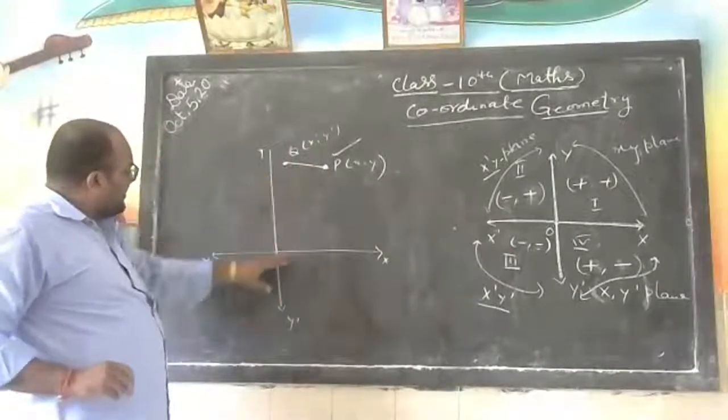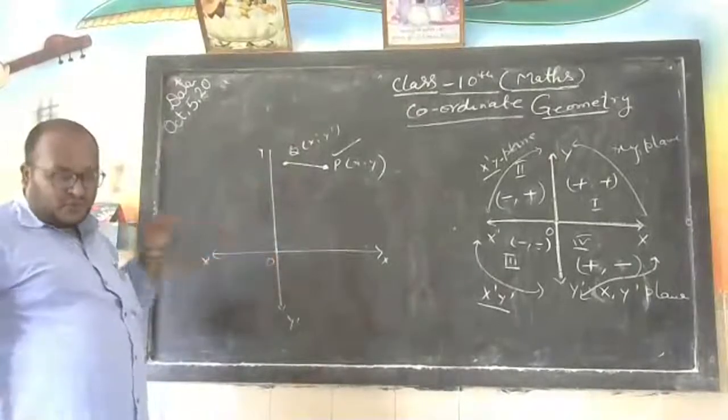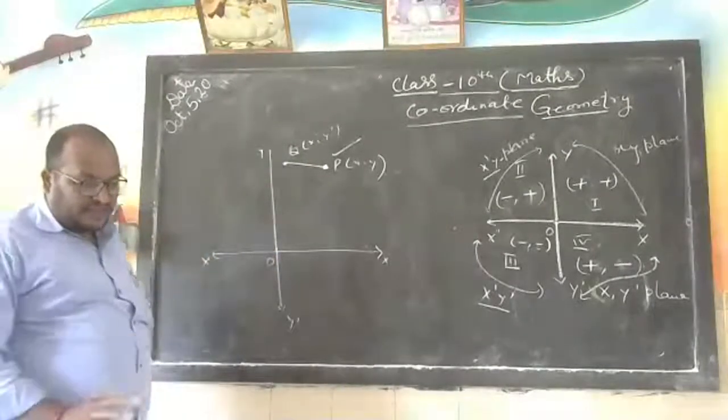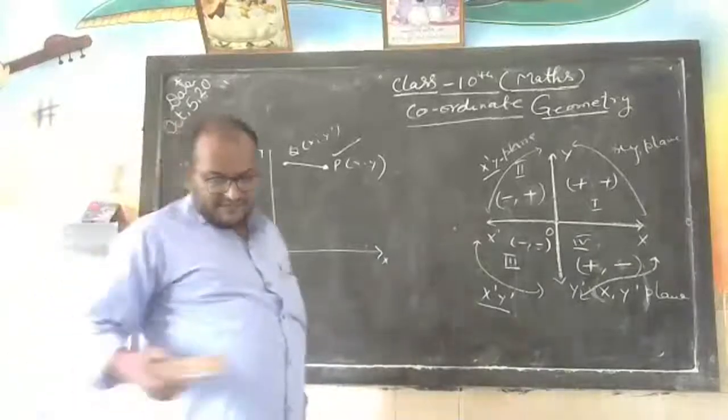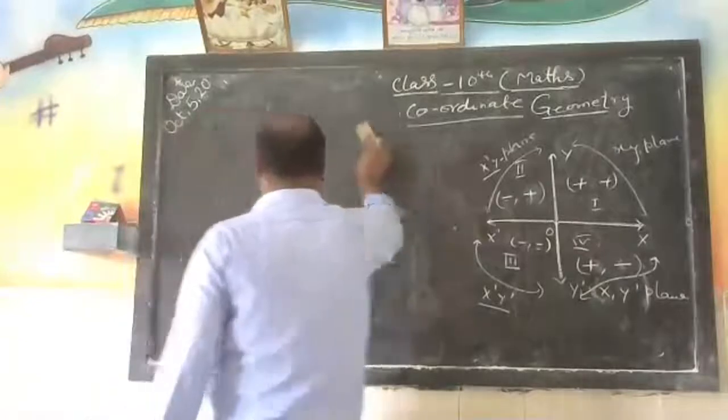Or what is the distance of P and Q from the origin? All these things will be discussed in this section. Now let's see. I am writing the distance formula for two points.